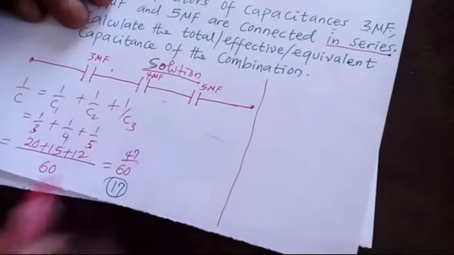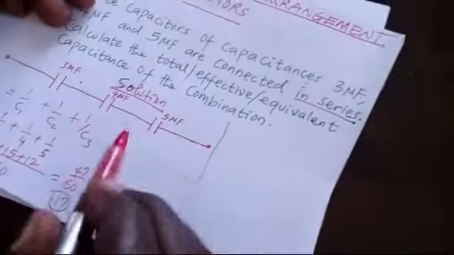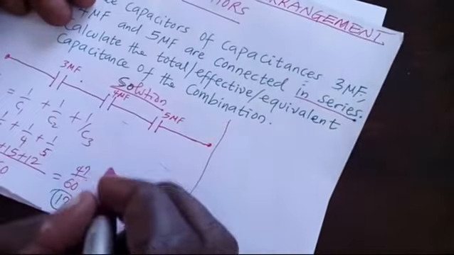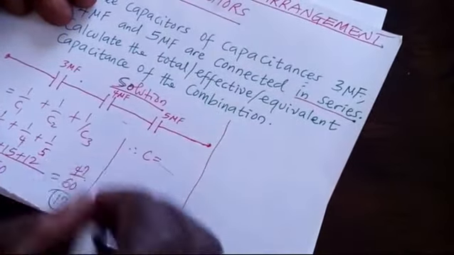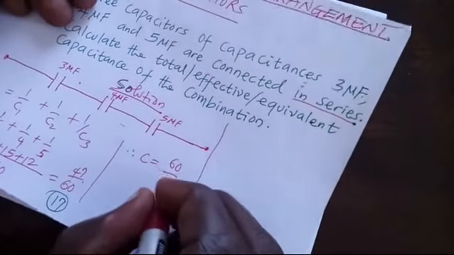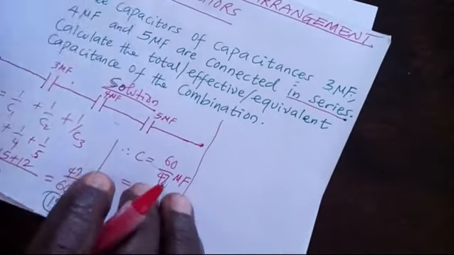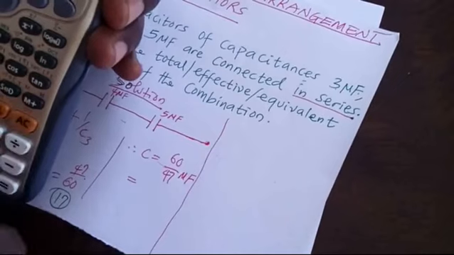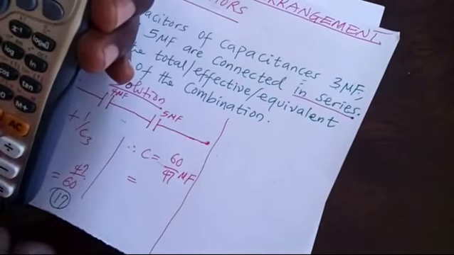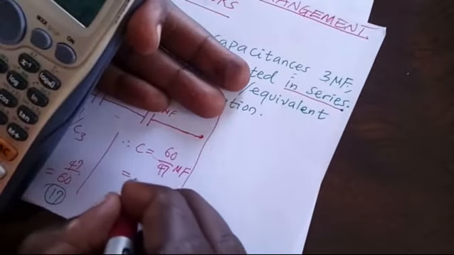But this is not your answer, because here you did not say C is equal to, it is the reciprocal of C. So you take the reciprocal of both sides, and therefore C is 60 upon 47 in microfarad. In decimal, 60 divided by 47 is approximately 1.28 microfarad.